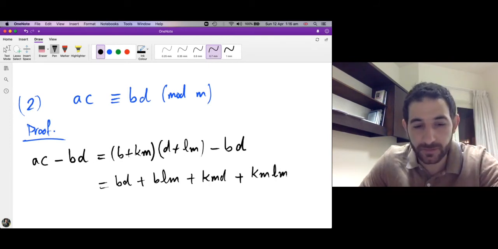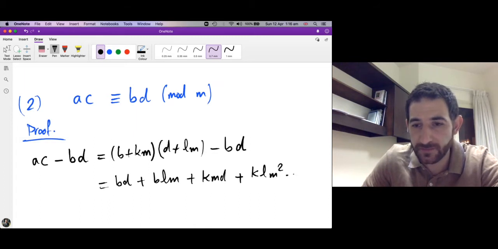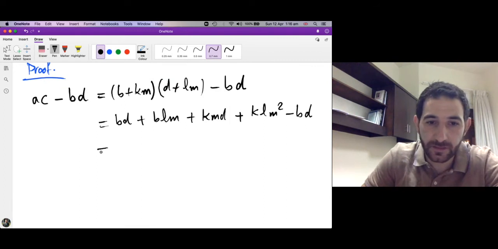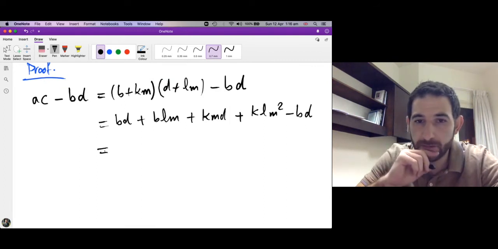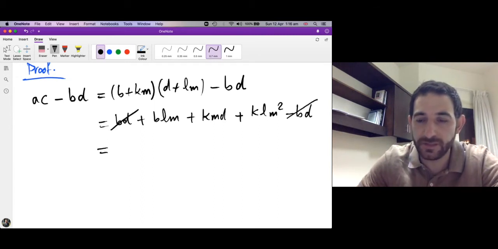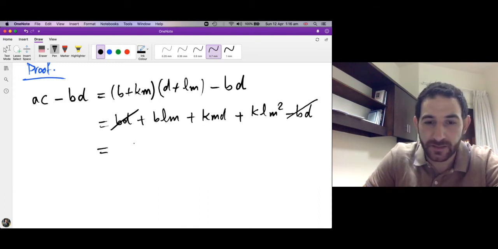Or if you want, KLm squared, minus BD. Now look, we have BD minus BD, it's 0, and what is left, the three terms have m as a factor, so we can take it as a common factor.